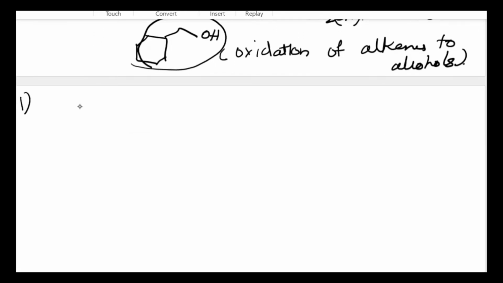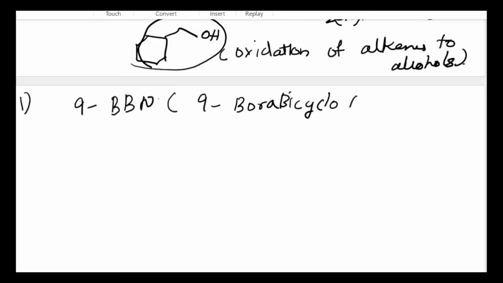Another thing is 9-BBN. The reagent that is used is 9-BBN. So 9-BBN is basically 9-borabicyclo[3.3.1]nonane. This is also used in hydroboration.